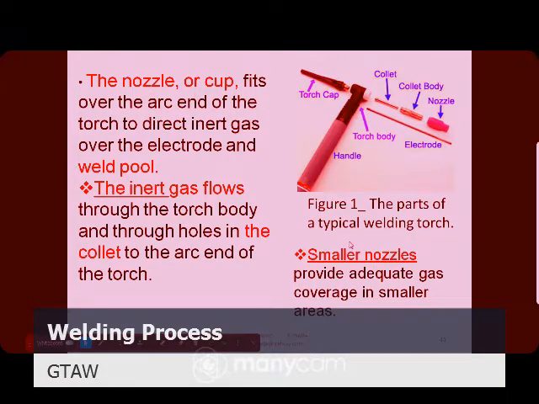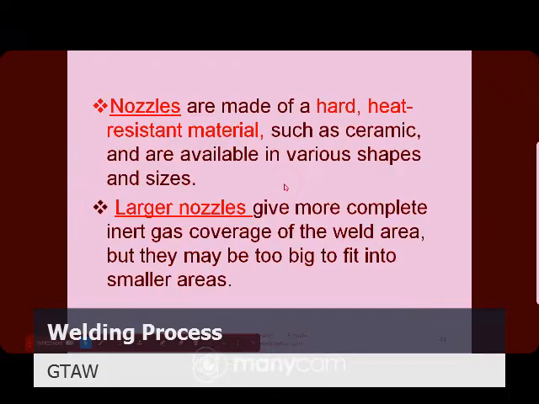Typically in welding torches there are small size nozzles. These small size nozzles allow adequate gas coverage in a small area, depending on the welding area. This means accessibility: depending on accessibility, we can select the size of the nozzle.